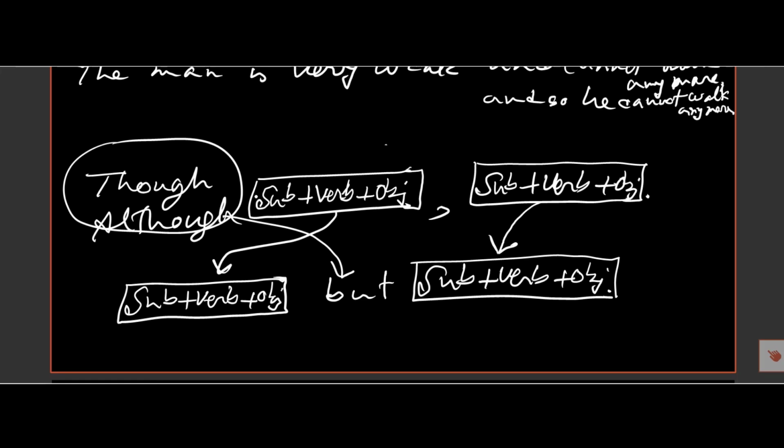We begin with this part, and removing though, although, we put "but" instead of though, although and instead of the comma, and then the other part. So this is the structure of compound if there is though, although.